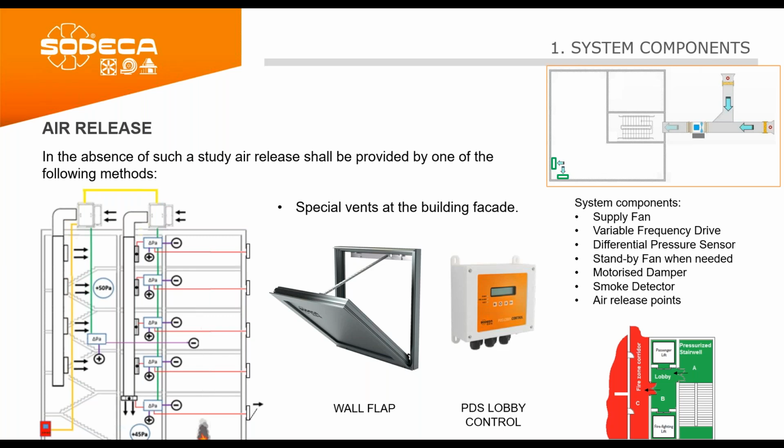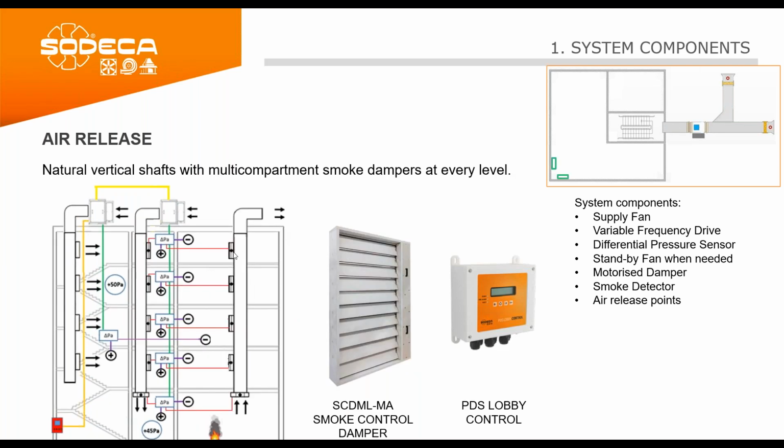The first one is special vents at the building facade. In this case, the automatic opening vent at the facade at the fire level should be open. The second method is a natural vertical shaft with multi-compartment smoke dampers at every level, and only the smoke damper at the fire level should open.